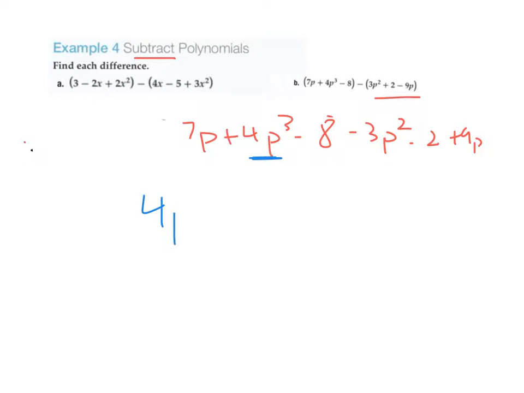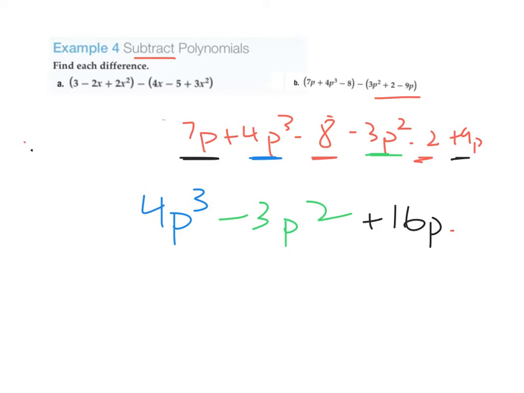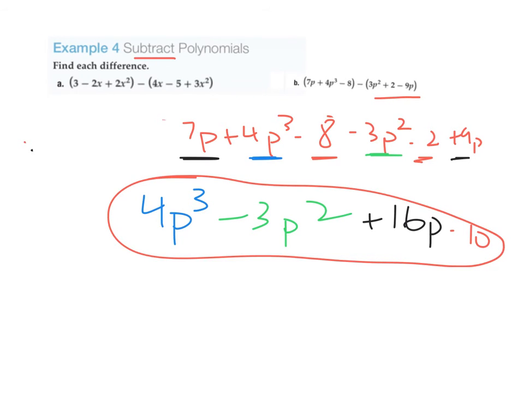There's nothing to combine, so I just write it. Then I go to my squared, so I have a negative 3p squared. Then I go to my p's, and I have 16 of those. And then finally, I have a negative 8 and a negative 2, which gives me a negative 10. So there's my answer in standard form from subtraction.